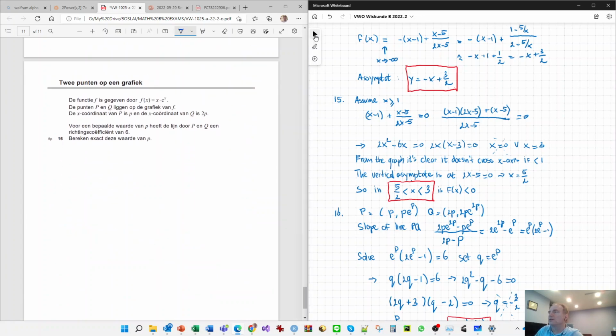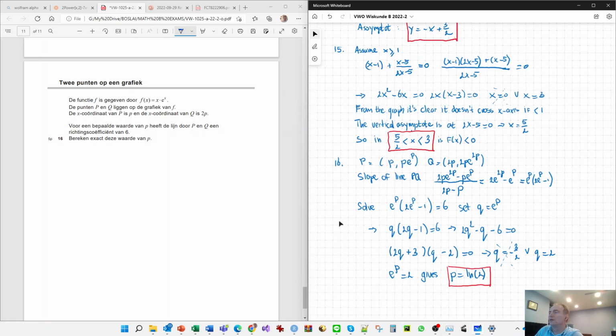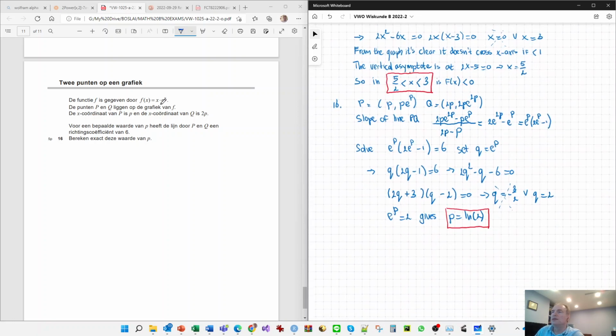All right. Last question. We have a function x times e to the power x, and P and Q are on this graph. The x coordinate of P is the lowercase p, and the x coordinate of Q is lowercase 2p.